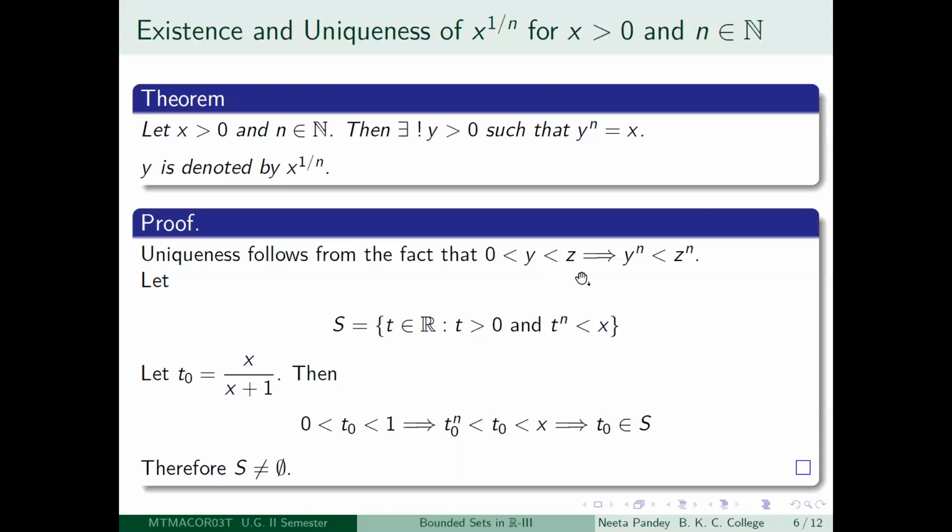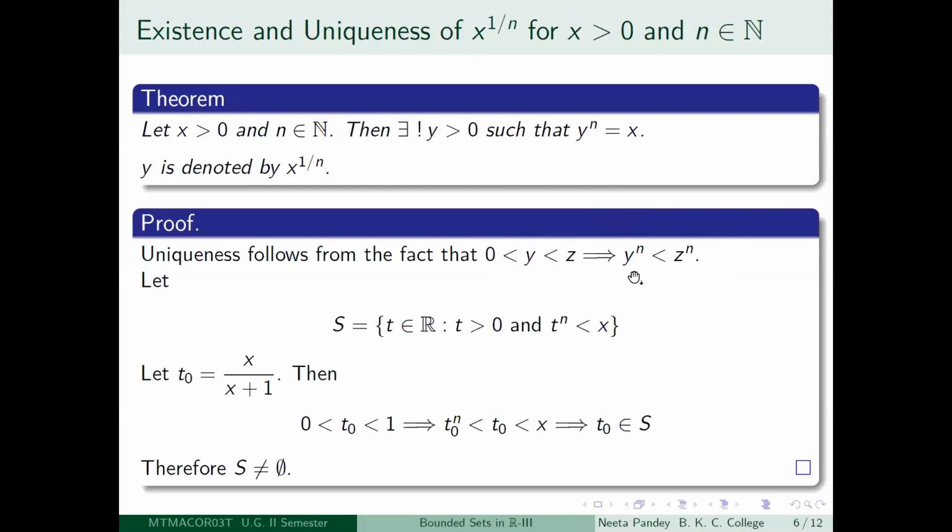Take any other z, if it is greater than y, then z to the power n has to be greater than x, and if you take any w which is less than y, then w to the power n has to be less than x. So there will be exactly one y for which y to the power n is equal to x, because of this implication.